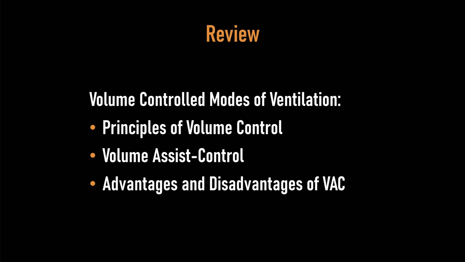In this tutorial, we started off looking at volume control modes of ventilation, and I mentioned initially the principal concepts behind volume control. We discussed volume assist control ventilation and how it works and how it operates, and then we looked at the advantages and disadvantages and complications associated with volume control ventilation and how to troubleshoot those problems in the assist control mode.